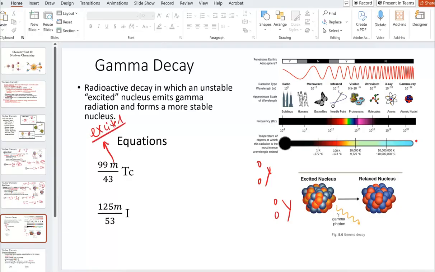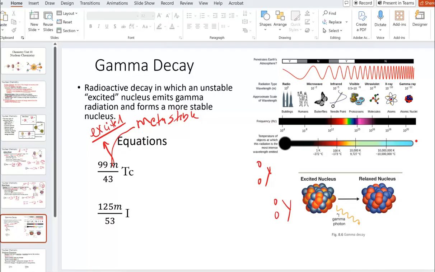That's it. So anytime you see an isotope written like this, if you see the M, that means the nucleus is excited. It is very unstable. It's got too much energy and it needs to release some energy. So M means metastable. It just means the nucleus is excited.